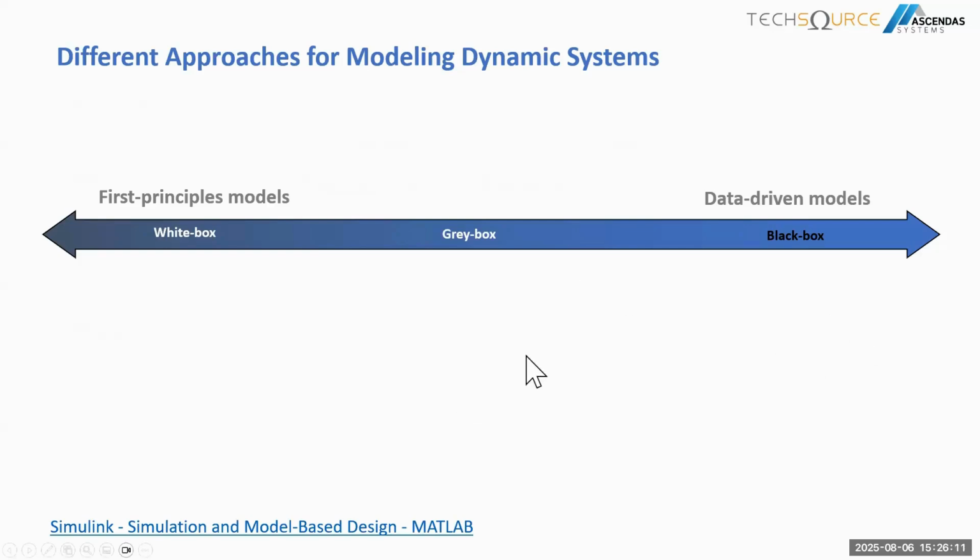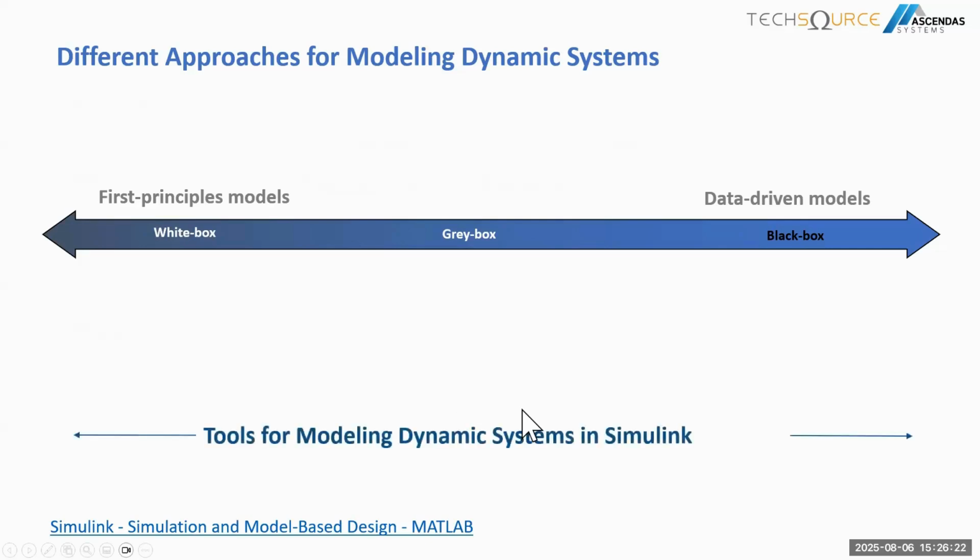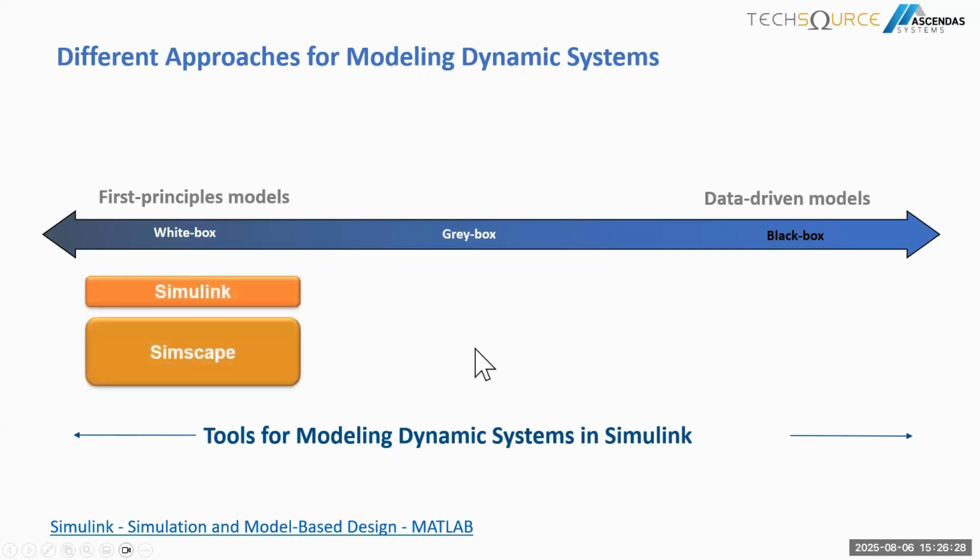So for model-based design, there are three types of modeling principles that we can show you: white box modeling, and then gray box modeling, and then black box modeling. In this case, for white box, we know it's what we call first principles models.